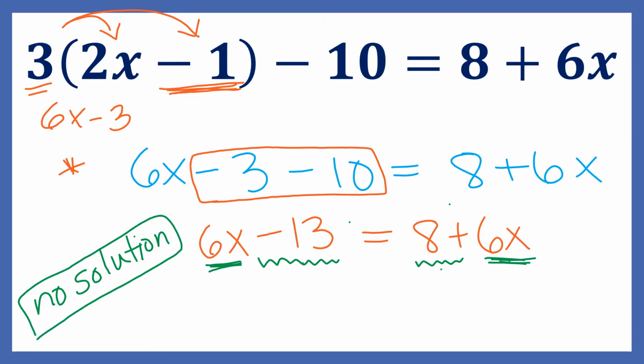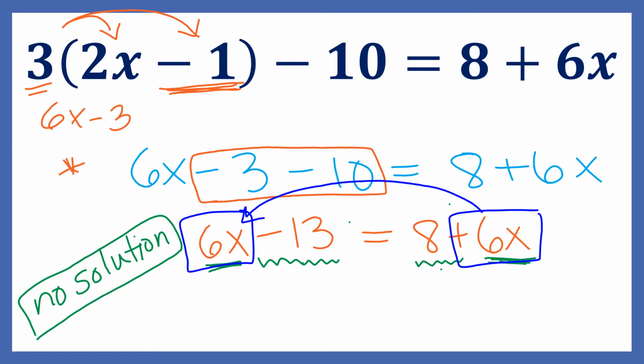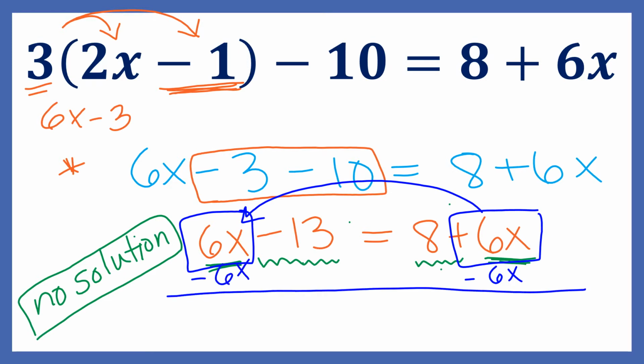Now, if you didn't notice that and you kept solving, let me show you what that would look like. The next step, if you were to continue solving, is to move all of your variables to the same side. So I'm going to move this one over here. I'm going to do the opposite, which means subtract. And that gives me 0.